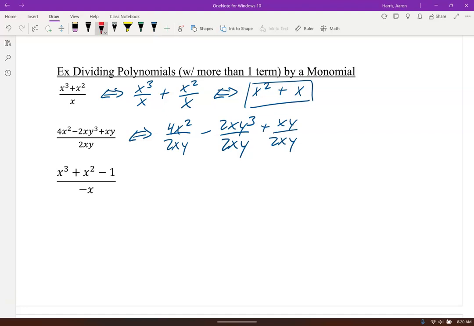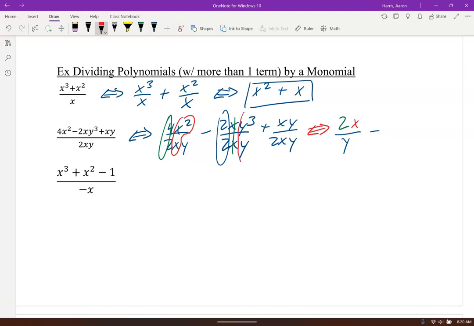And now let's look at, I have x squared over x. That'll leave us with, well, first of all, 4 over 2 gives us 2, and then the x squared over x gives us 1x left on the top. I still have the y on the bottom. And then minus 2 over 2, so minus 1. And then x over x cancels.